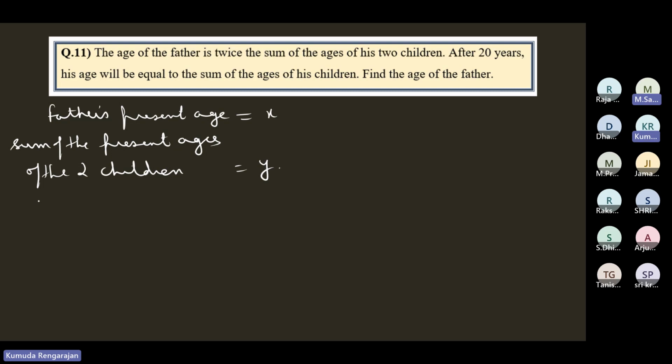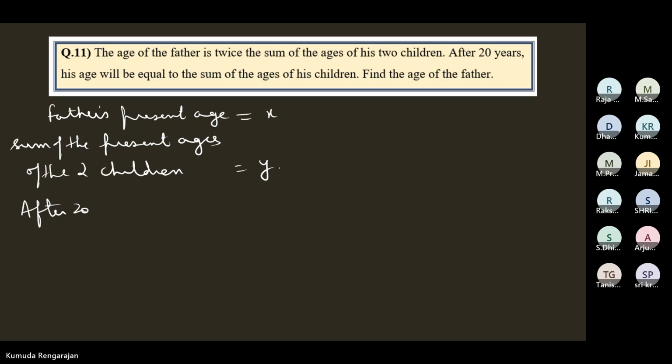So what will be their ages after 20 years? No, let's find after 20 years. X plus 20 equal to. 20 plus x is equal to y plus.